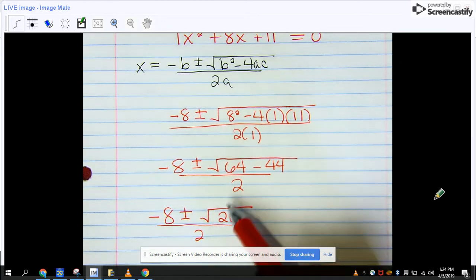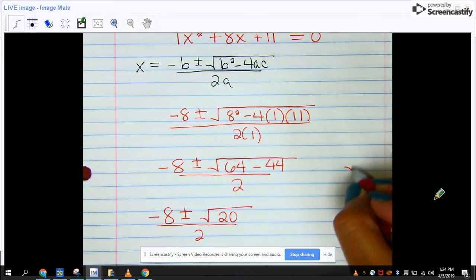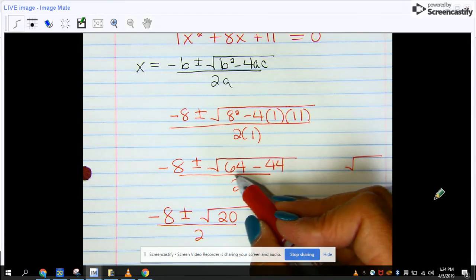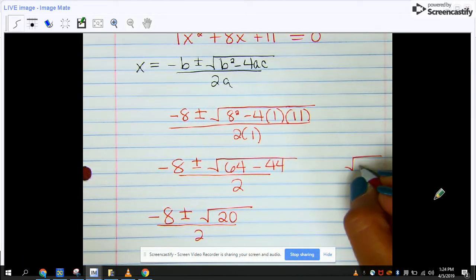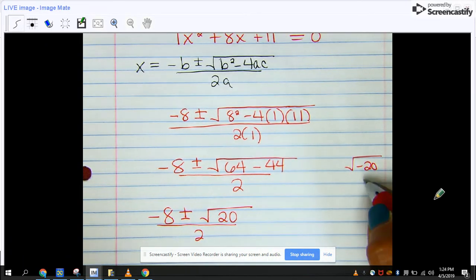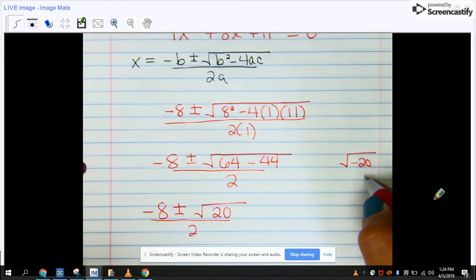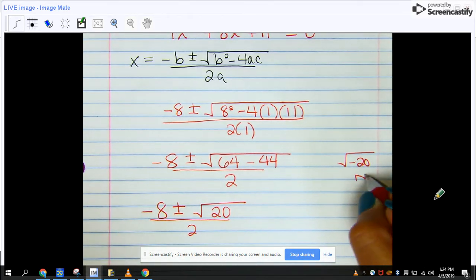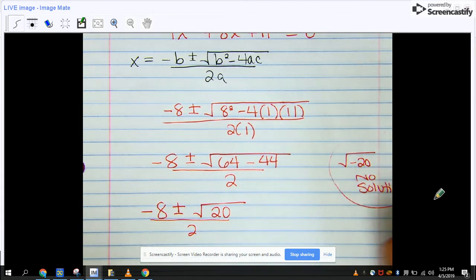Now, just a side note, if it was 44 minus 64 and you ended up with a negative 20, there would be no solution. You couldn't go further. You can't find the square root of a negative number, so you would be finished, and your answer would be no solution. That's not the case in this, but that could come up.